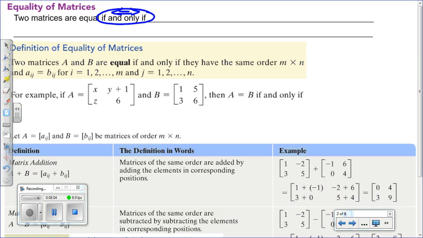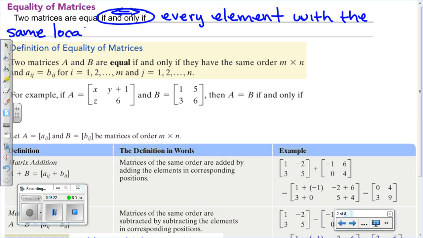If and only if every element, remember every little number or variable inside, every element with the same location or the address must be equal.